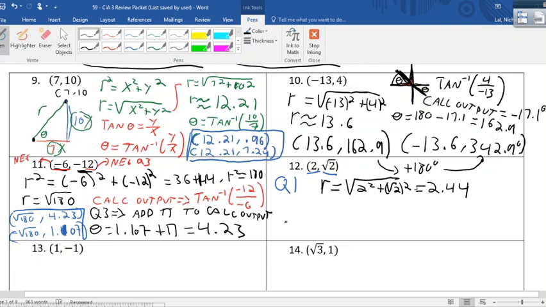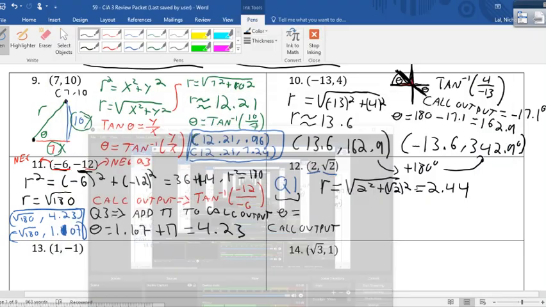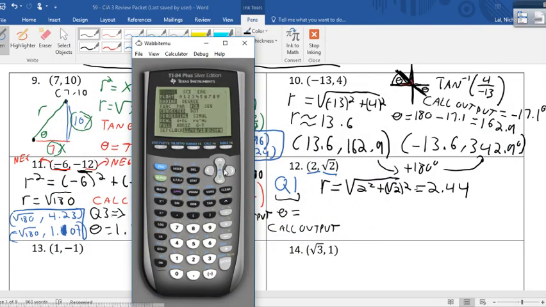Now theta, because this is in quadrant 1, theta is equal to our calculator output. This is an even number, so we're in degrees. I take my calculator, go to mode, go from radian to degree, and then I find the inverse tangent of the square root of 2 divided by 2.